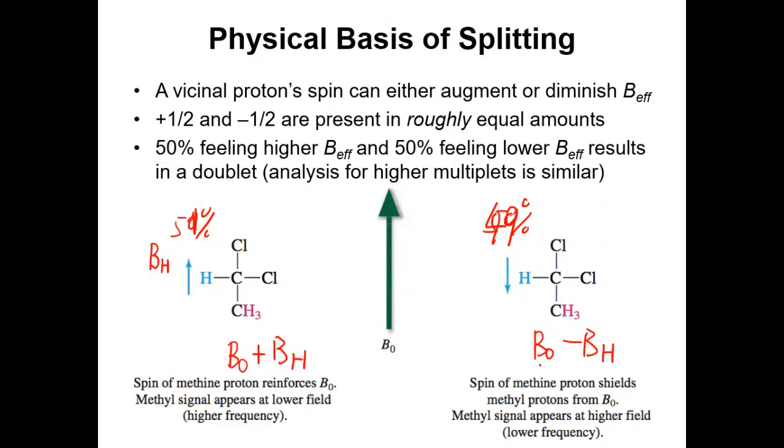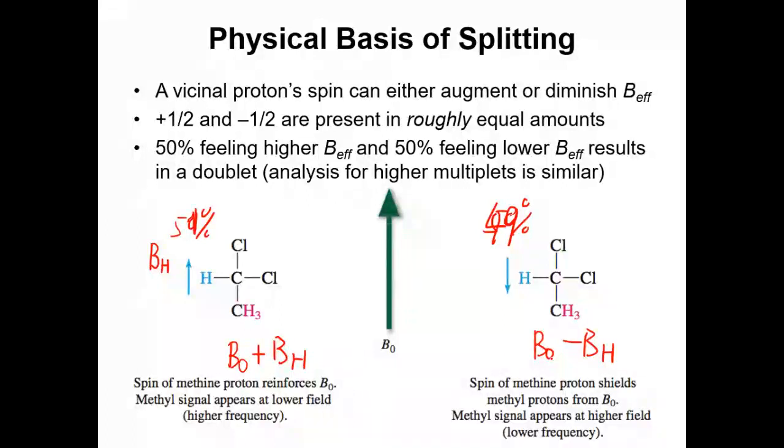That's why you see 2 lines: the impact of the vicinal proton will modify the magnetic field experienced by the red proton. This modification could be enhancing or slightly decreasing the field.